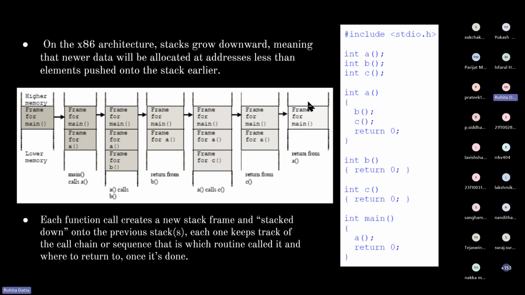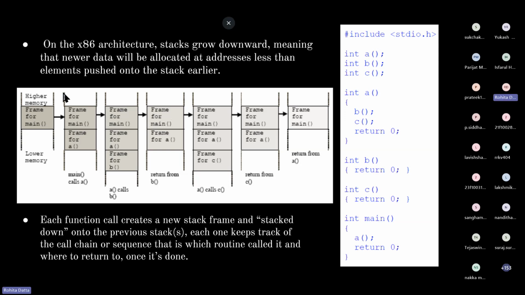So what we see is that whatever function was called last had to be executed, and then you had to go to the function that was called previously. The approach is called last in, first out, because whatever came last had to be executed first, and then you go back to the function that was called before that.